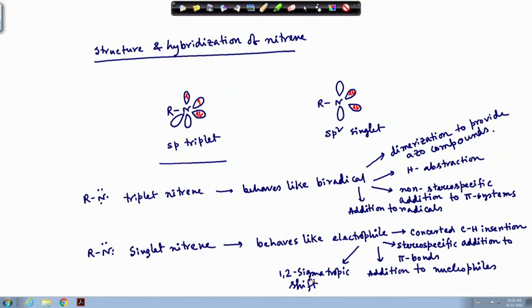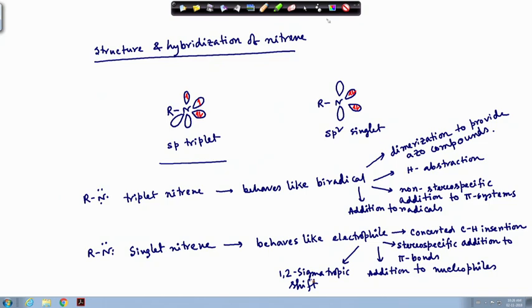Okay. So, overall what we have seen is that even though nitrenes are the nitrogen analog of the carbene, and are isoelectronic with the carbene, due to their structural features they have certain different reactivity. In one case, triplet nitrenes behave like a biradical and give different types of reactions like dimerization, hydrogen abstraction, non-stereospecific addition and addition to radicals.